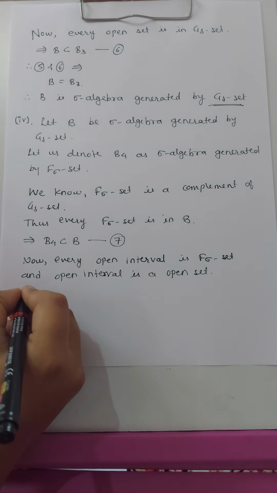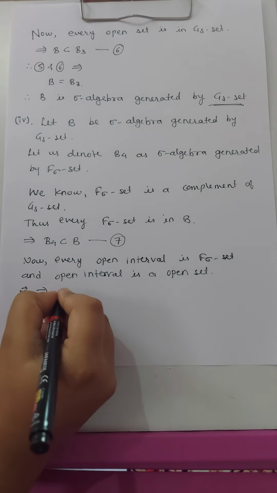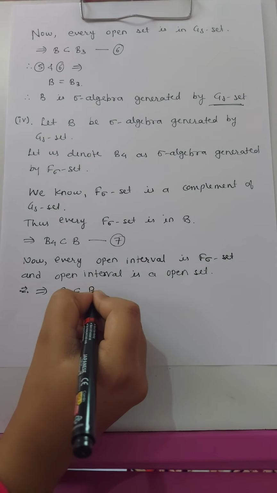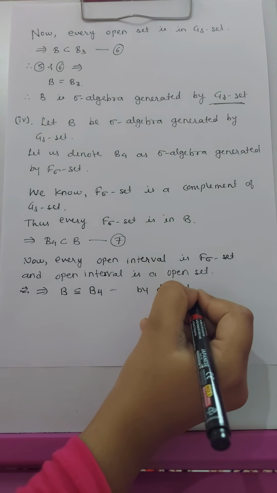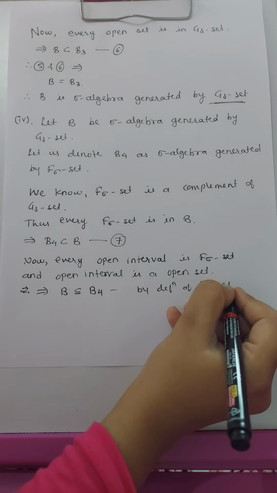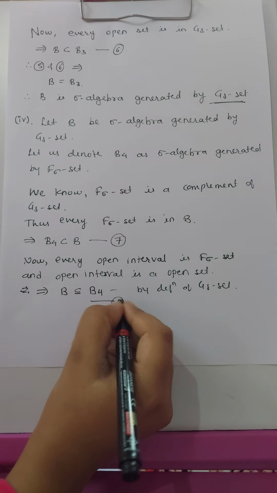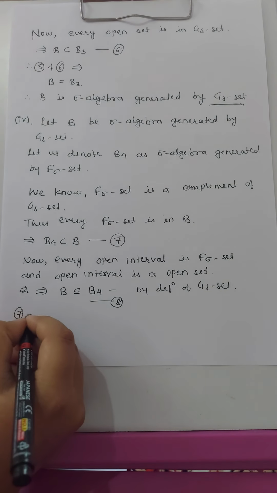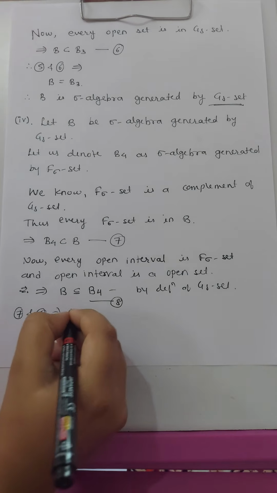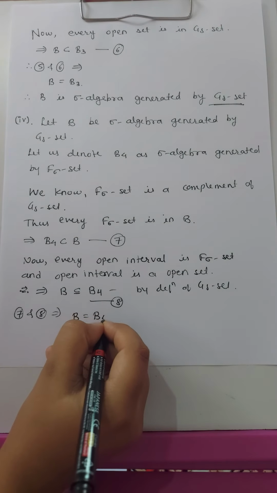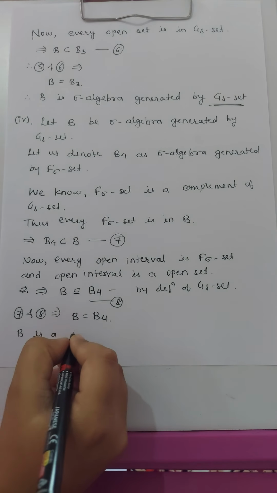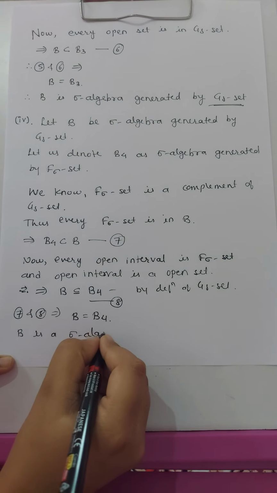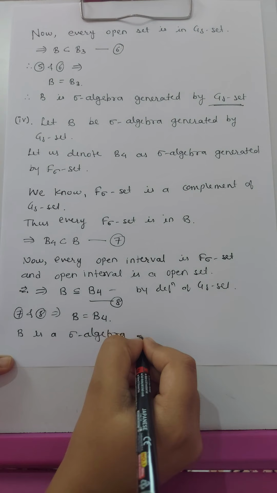So this implies that B is a subset of B4 by definition of G delta set. So let it be number 8. So from 7 and 8 it implies that B is equal to B4, that is B is a sigma algebra generated by F sigma sets.